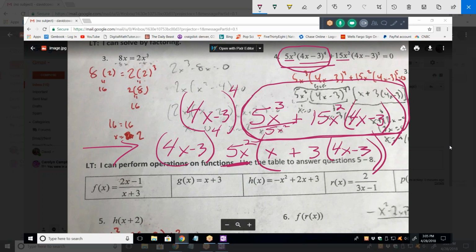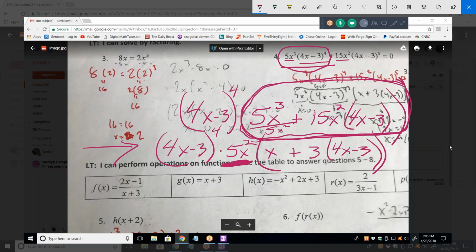That's the row I'm at right now. Yeah. Okay, and the way I got it was by taking the 4x minus 3 to the fourth, and then I took this expression here and I took another greatest common factor out, 5x squared, right there. And after I factored it out of that expression, I was left with x plus 3 times 4x minus 3. And all of these are multiplied.